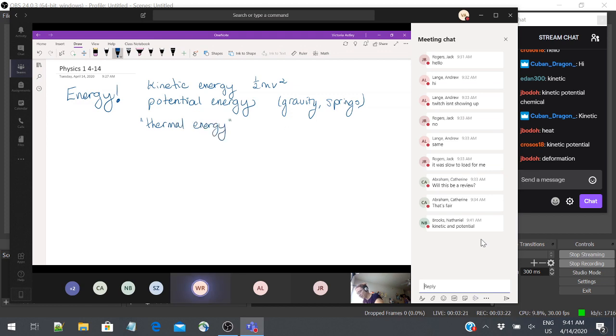This is our catch-all term for loss to things like heat, friction, heat, sound, etc. Dissipative forces. We talked about loss to deformation.